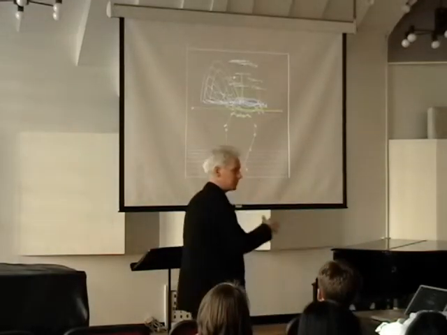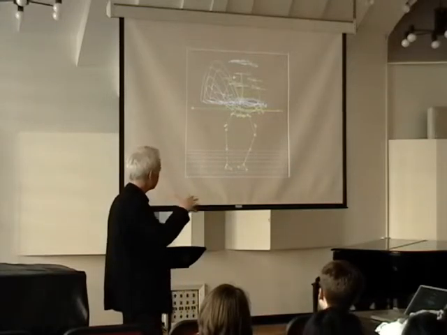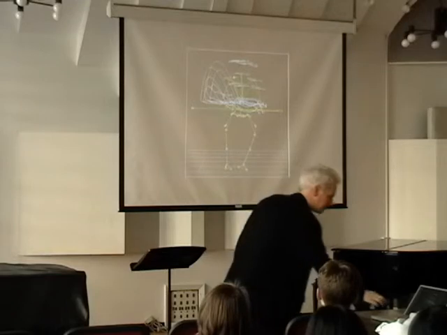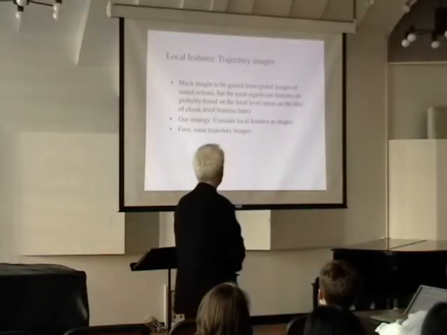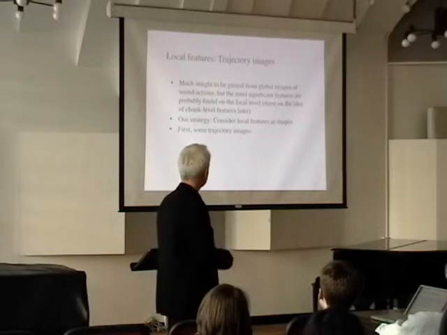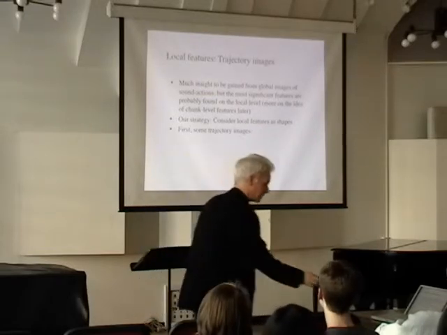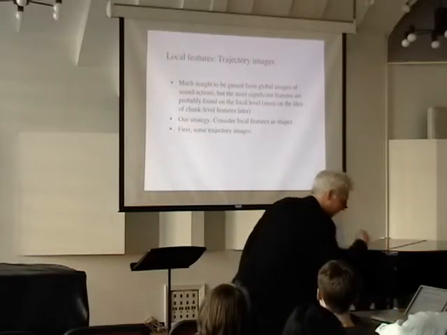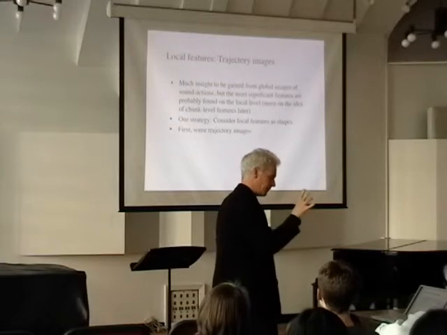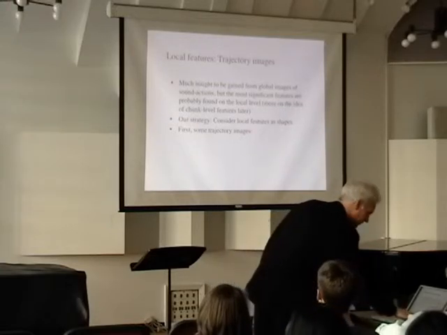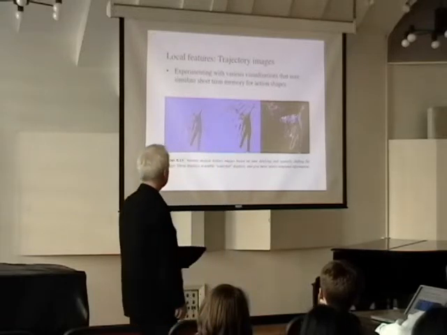Also motion capture, which many of you here at Recital are familiar with, can give very nice global images of movement. But let's look now at the more local features of trajectory images. Yes, the idea is, as I'm trying to indicate with the examples of Pierre Schaeffer, very simple sound shapes, and to see how they can be reflected in movement.